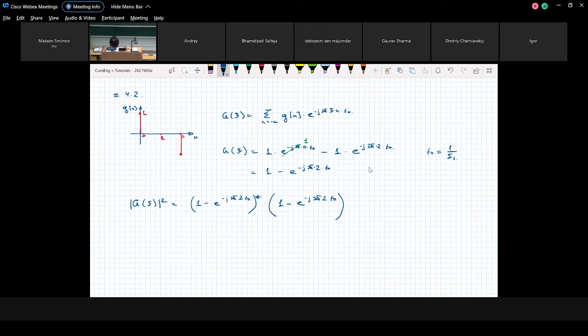Then what happens if we apply the conjugate to the first parenthesis? Yes, it changes the sign of the argument of the exponential function.